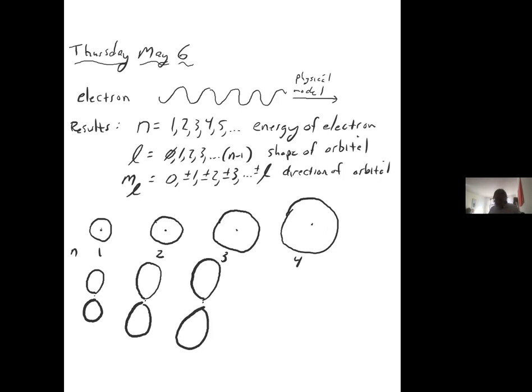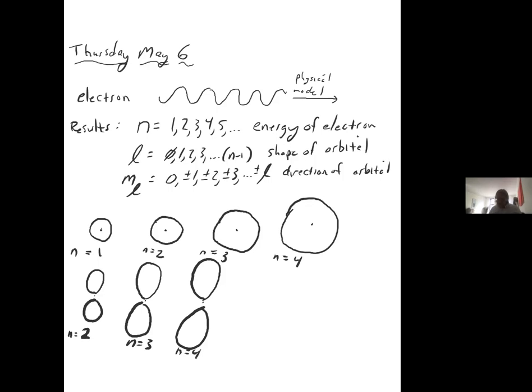Something like that, right? And again, this is n equals 2. This one only can happen if n is equal to 2 or more. You can't have this if n is equal to 1. n equals 3, and then n equals 4. So let me put n equals for all these. And again, there's other shapes as well.